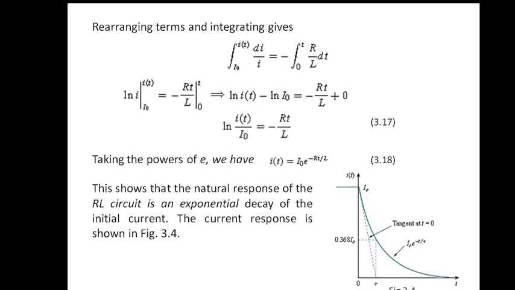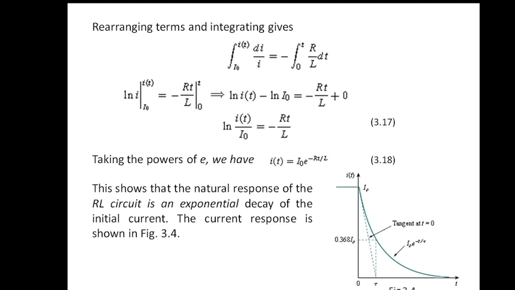So this shows the natural response. Because it is source free, that is the reason it is called natural response. There is no source. The natural response of the circuit is an exponential decay of the initial current. Okay, so this is the circuit response.